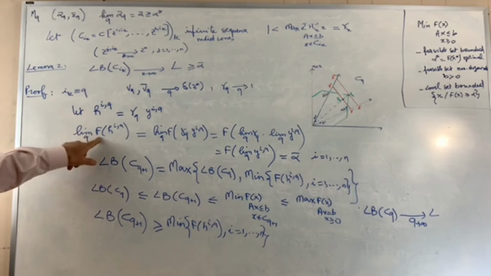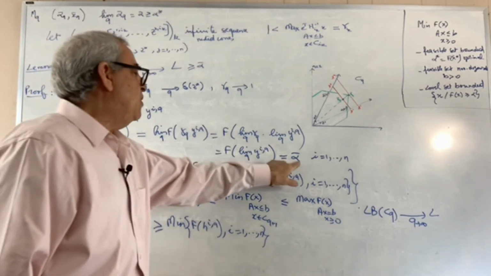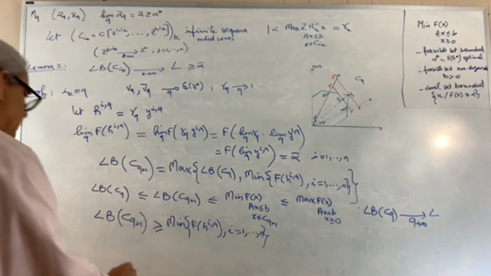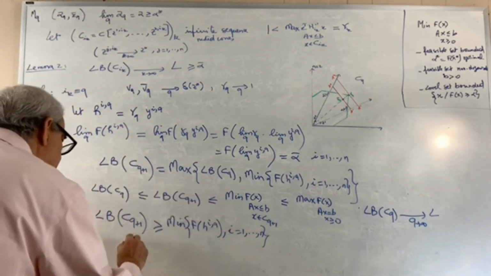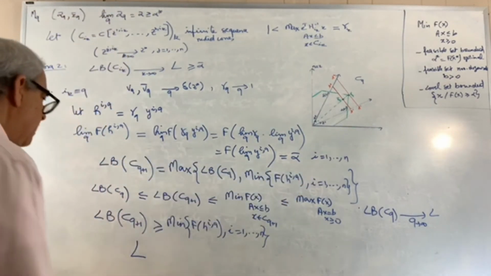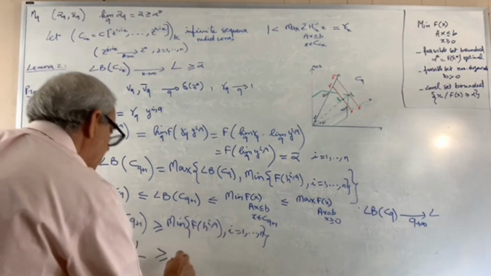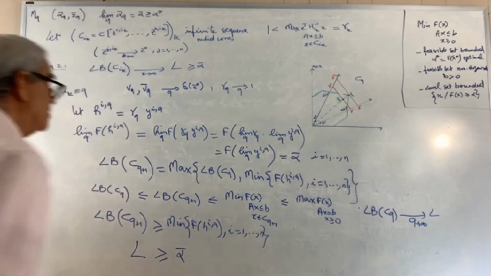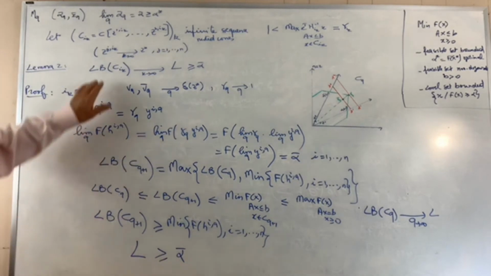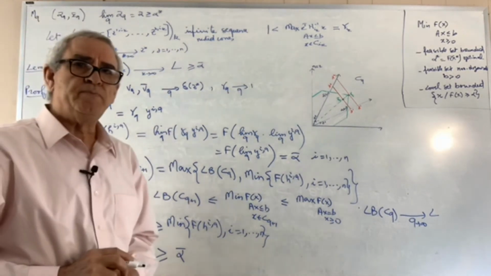But we've shown that the function values of h_i^q all converge to alpha bar. So by taking the limit on both sides, L, which we just showed is the limit, is greater or equal to alpha bar. And therefore we have just proved this lemma too.